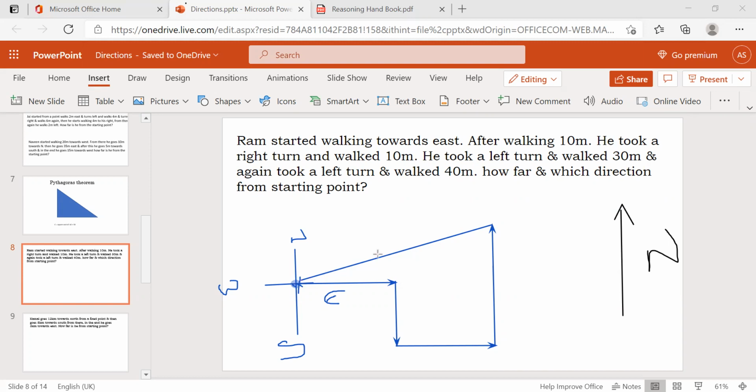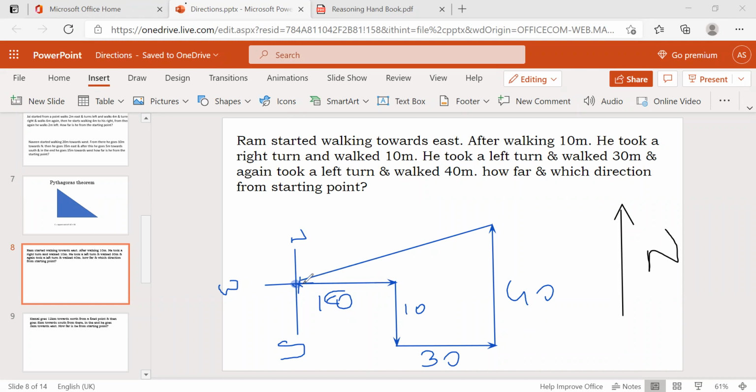Now, what's the distance? How far is he from this direction? How long did he travel? We need not consider these things. Actually, this is 10, and this is also 10, and this is 30, and this is 40. Now, how much did he travel? You just look at it.